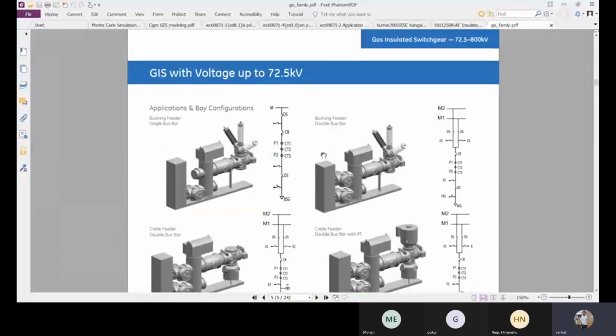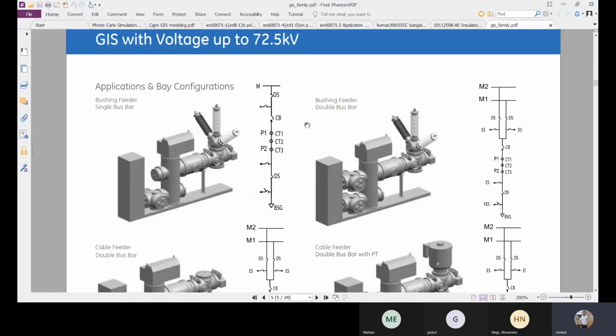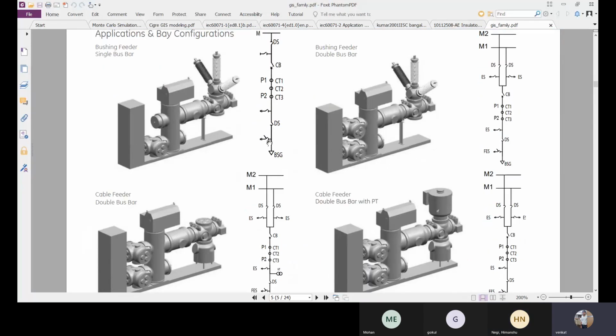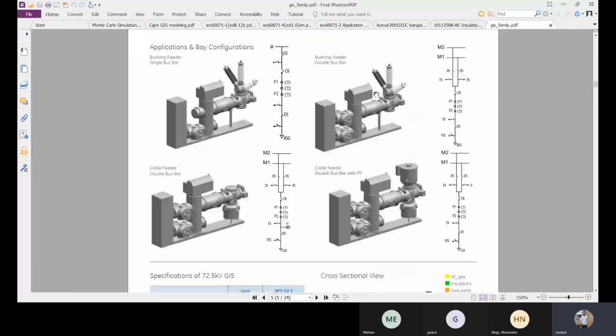Okay, generally what happens is, this one I got from the website. After the session, I will share it with you to give a basic understanding of how this compartment will look for different types of configurations.